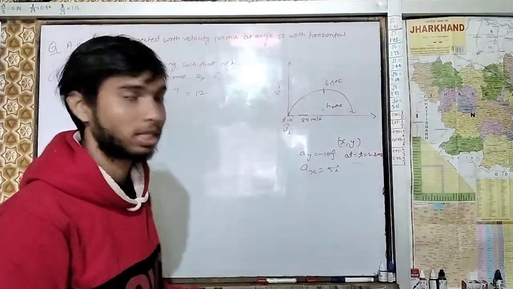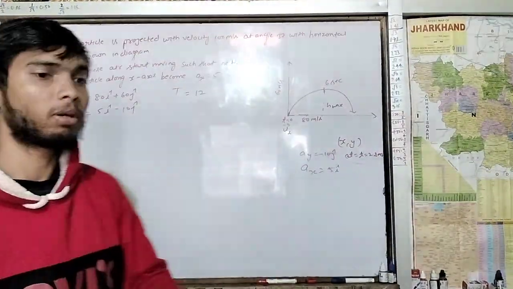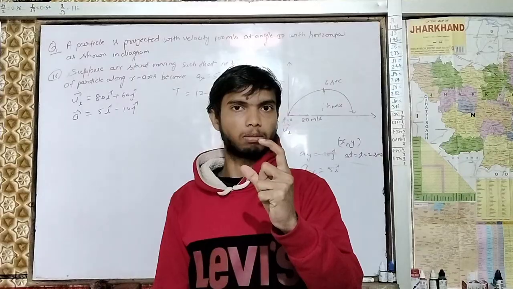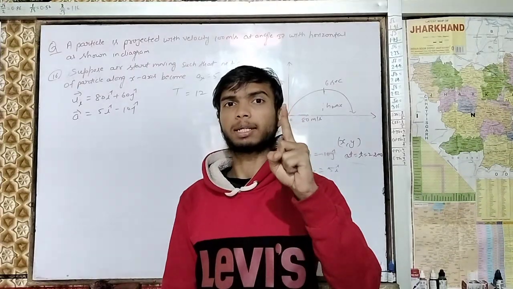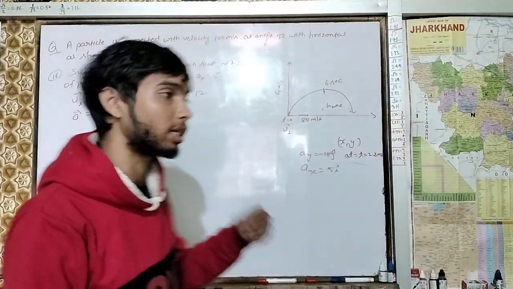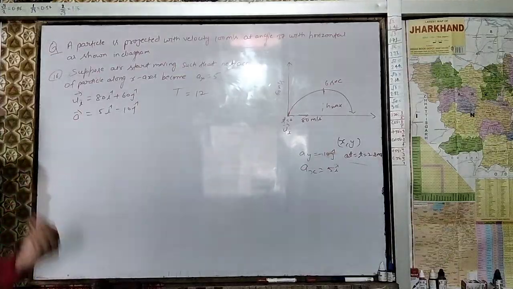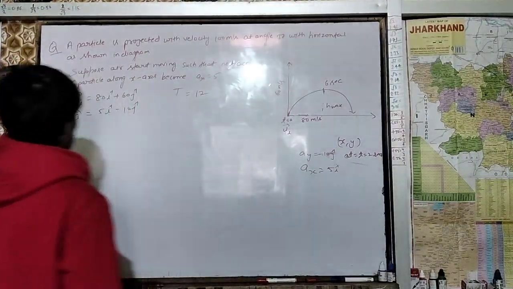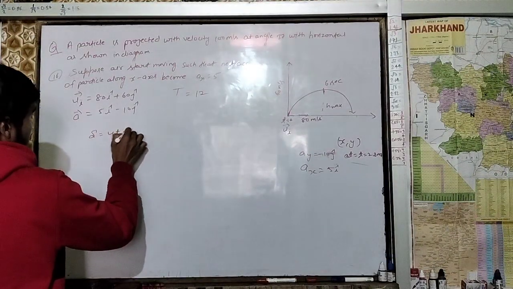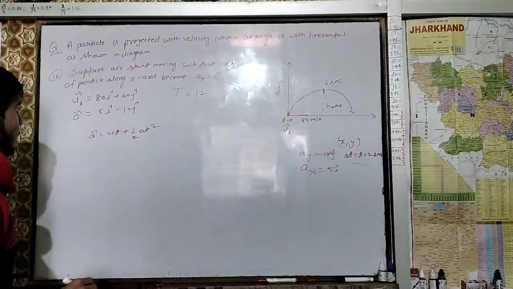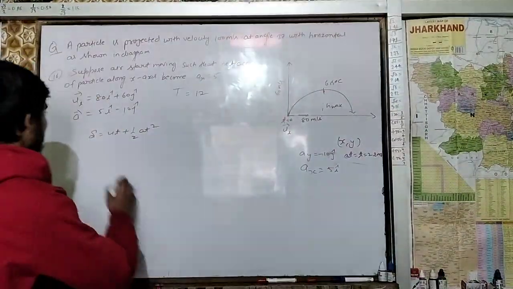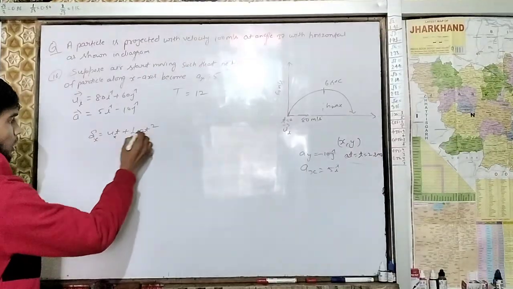But to calculate the range, whatever method we were using to calculate range was right, but that method can be used when acceleration is 0. But here acceleration ax is 5, so the method will change a little bit. So for range, s is equal to ut plus half at square, where we are finding sx, ux, ax.